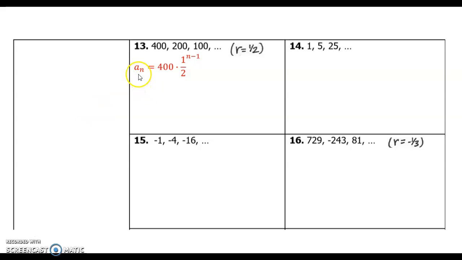My formula would be a sub n equals 400 times 1/2, my common ratio, to the n minus 1 power. That gives me, when I substitute 7 into my formula, 400 times 1/2 to the 6th power. And 1/2 to the 6th power is this big decimal right here, times 400 would leave me with 6.25.